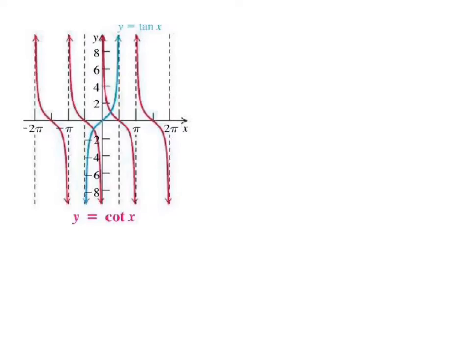A cotangent graph looks like a vertical reflection of the tangent graph. What we'll notice is that the period length is still pi here. So the period is equal to pi. We still have asymptotes. These dotted lines are asymptotes.